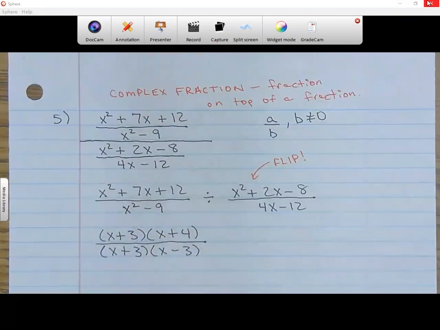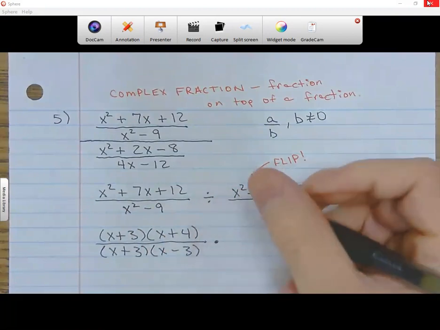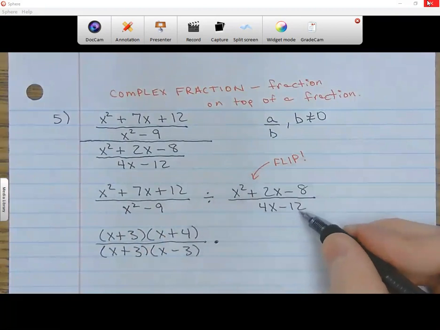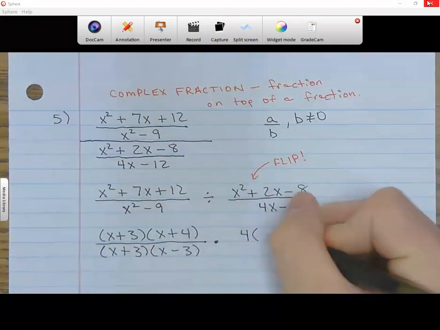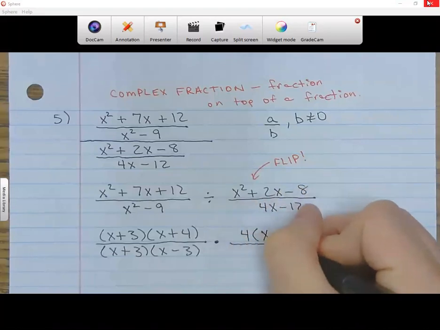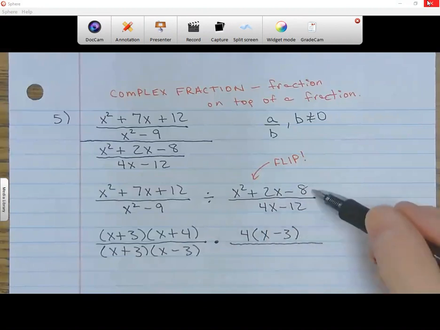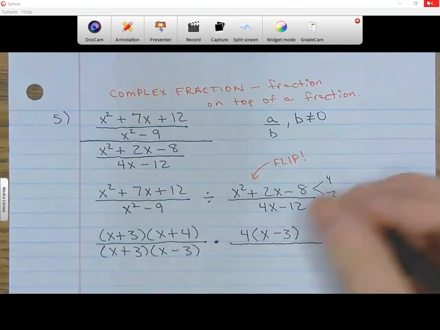Okay, so now I'm going to flip the second fraction and make it into multiplication. So the top is going to be what? The 4x minus 12. I'm going to write that as 4 times x minus 3, just to take out the 4. And then on the bottom, I'm going to have that 4 and 2, but the 2 has to be negative.